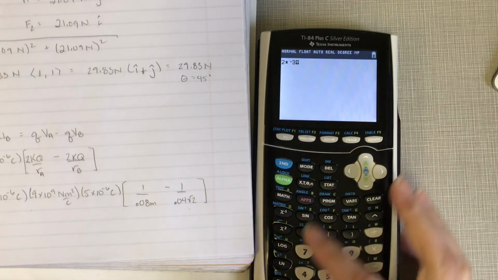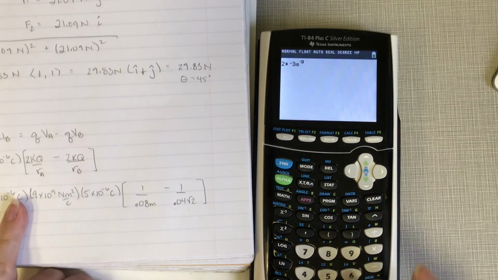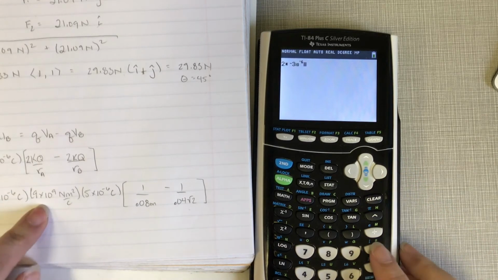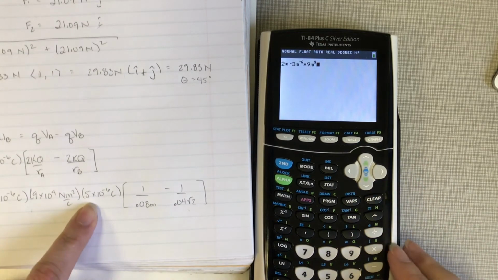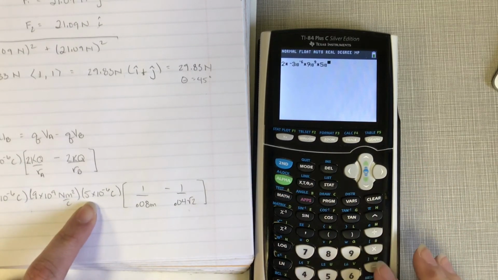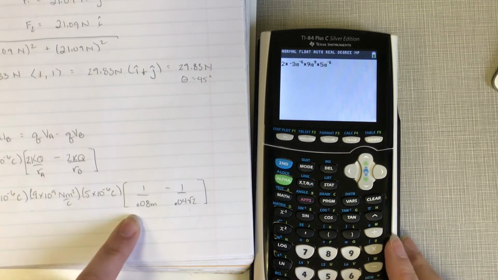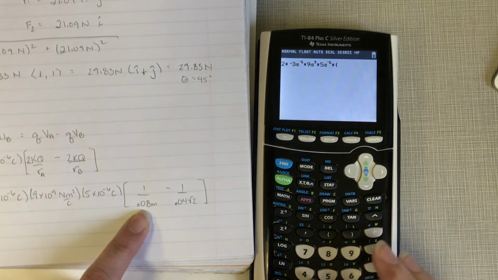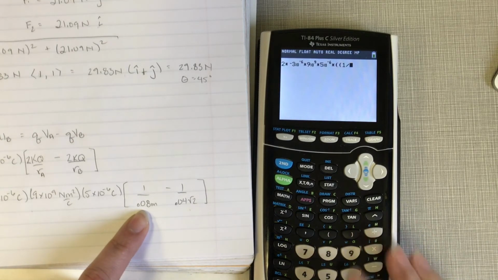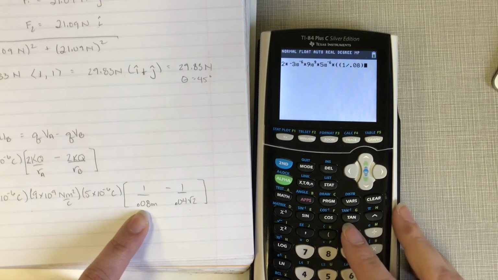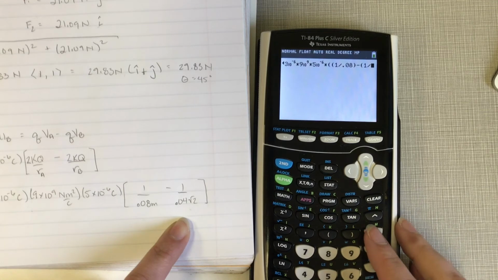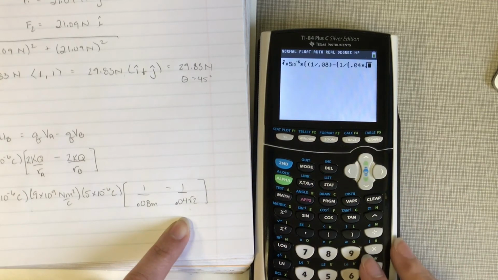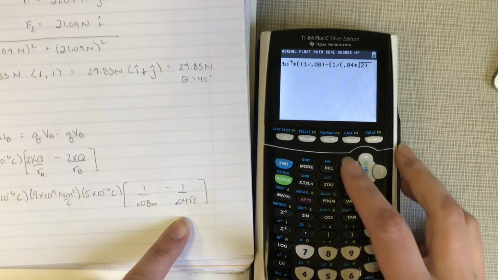Alright, minus 3 times 10 to the minus 6 times 9 times 10 to the 9 times 5 times 10 to the minus 6 times parentheses 1 over 0.08 minus parentheses 1 over 0.04 times square root of 2.